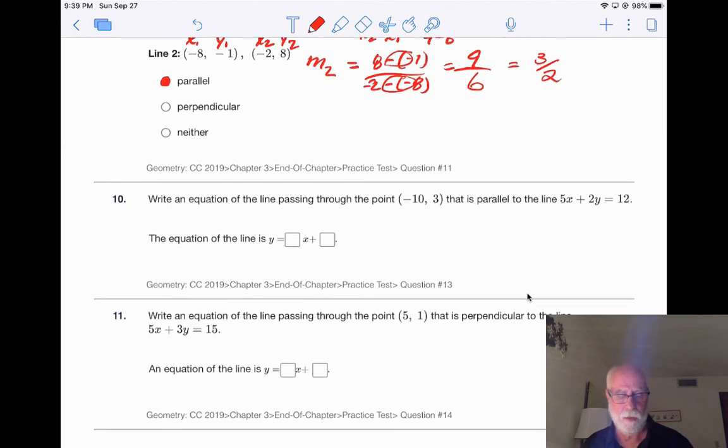Number 10, write an equation of a line passing through the point 10 and 3 that is parallel to the line 5x plus 2y is equal to 12. So remember, on these ones here, we have to get y by itself first. And remember, parallel means that we have to have the same slope.